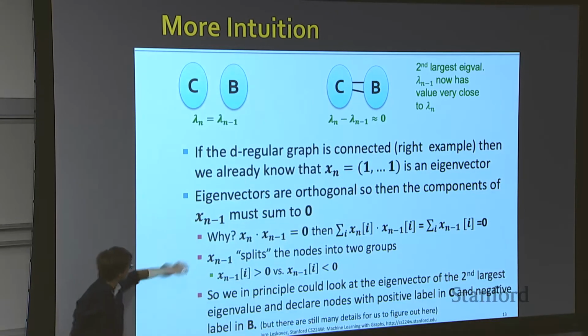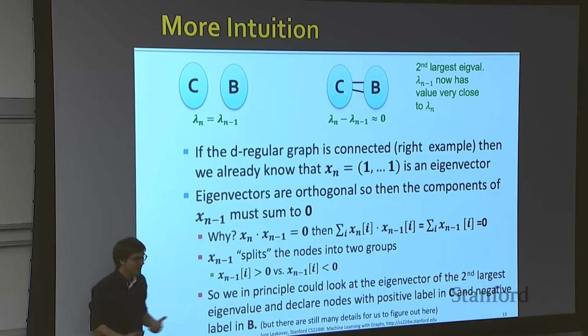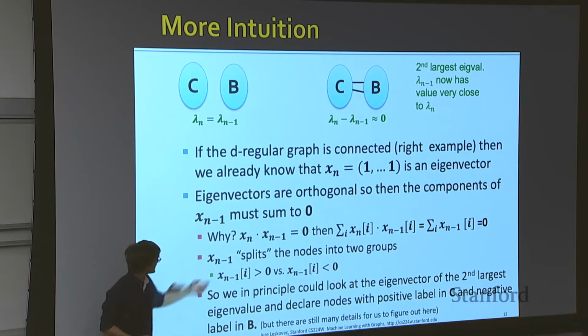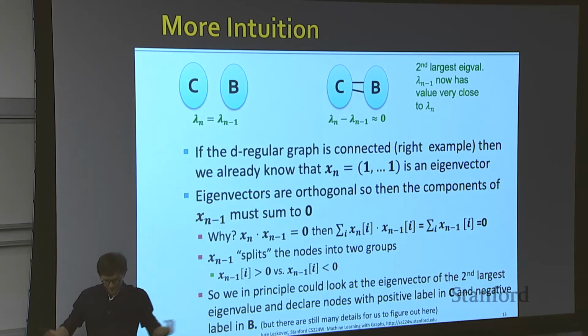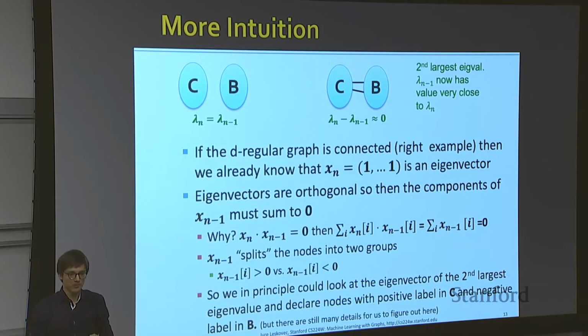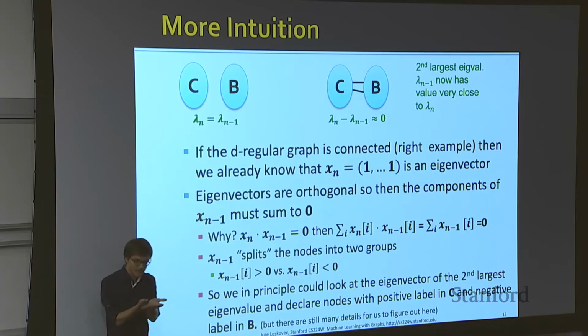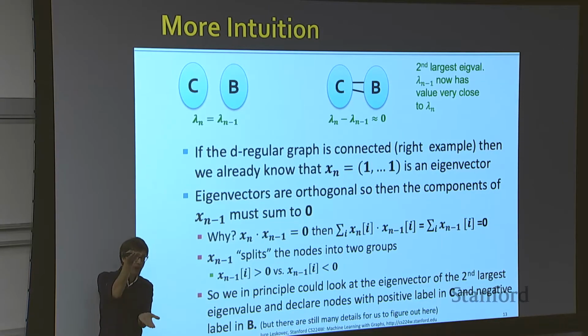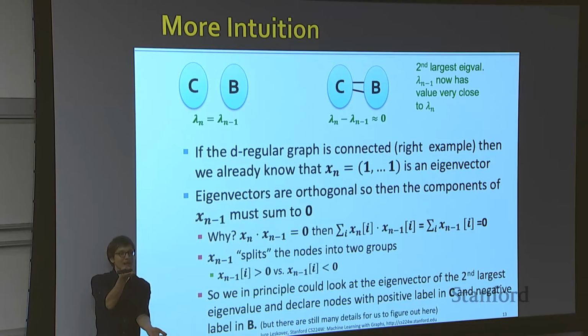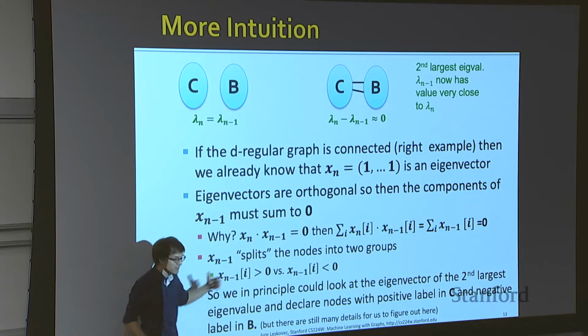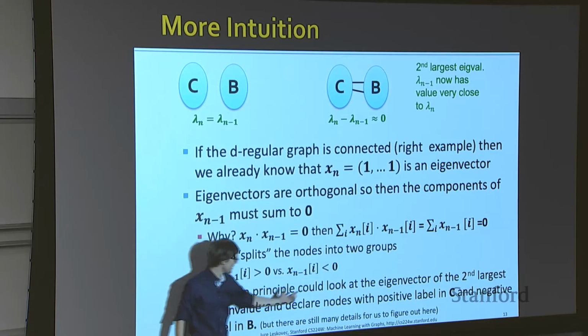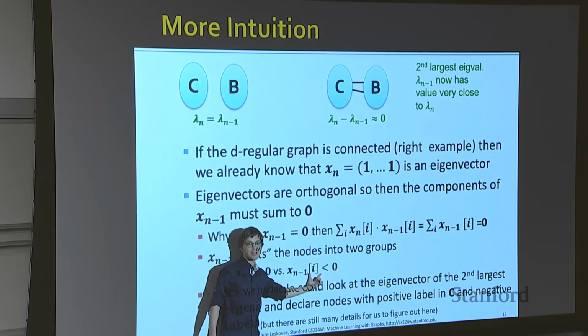Okay? And this fact will be important. So what does this mean? This means that the components of this second eigenvector must sum to 0, which means that some of its coordinates will be greater than 0, and some will be less than 0. And what this will mean, as I will show you later, is that some nodes will have a value greater than 0, and some nodes will have a value less than 0.